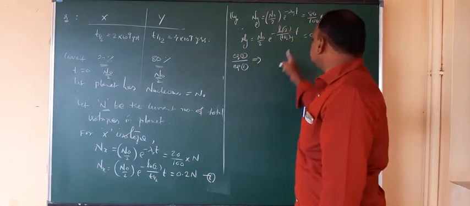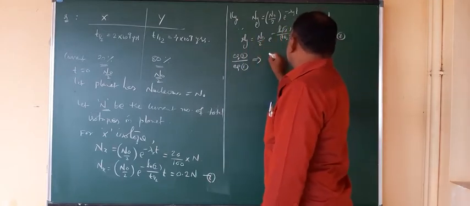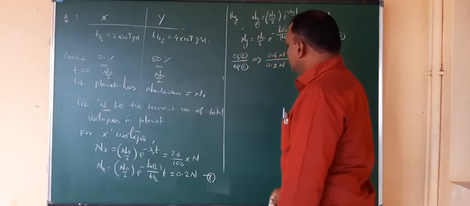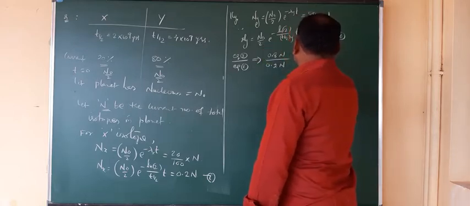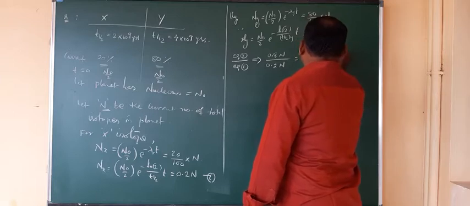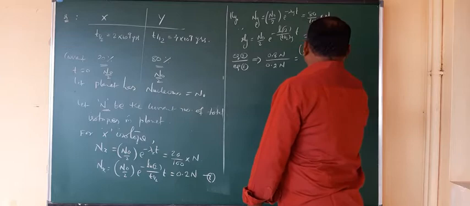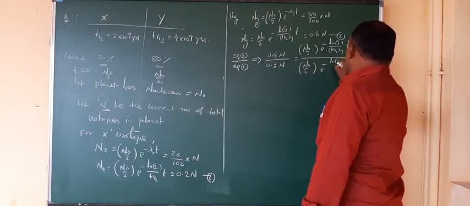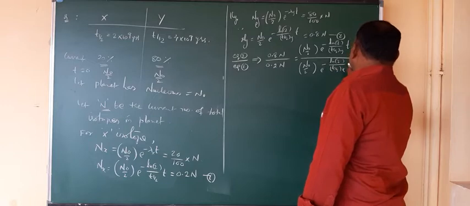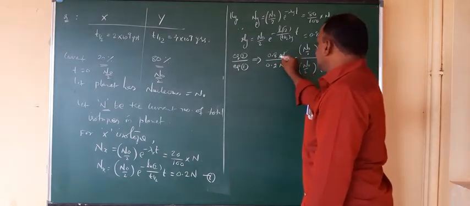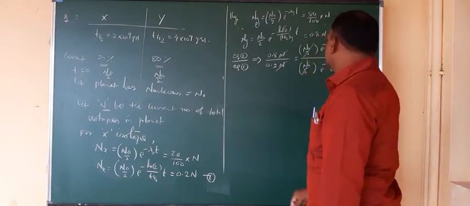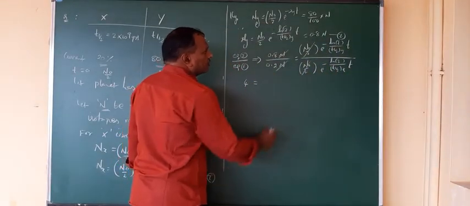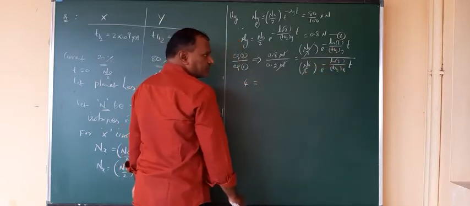You get 0.8 N upon 0.2 N equal to (N0/2) e^(-ln2/T½y · t) divided by (N0/2) e^(-ln2/T½x · t). Here N cancels, N0/2 gets cancelled, and the remaining 0.8 by 0.2 becomes 4.